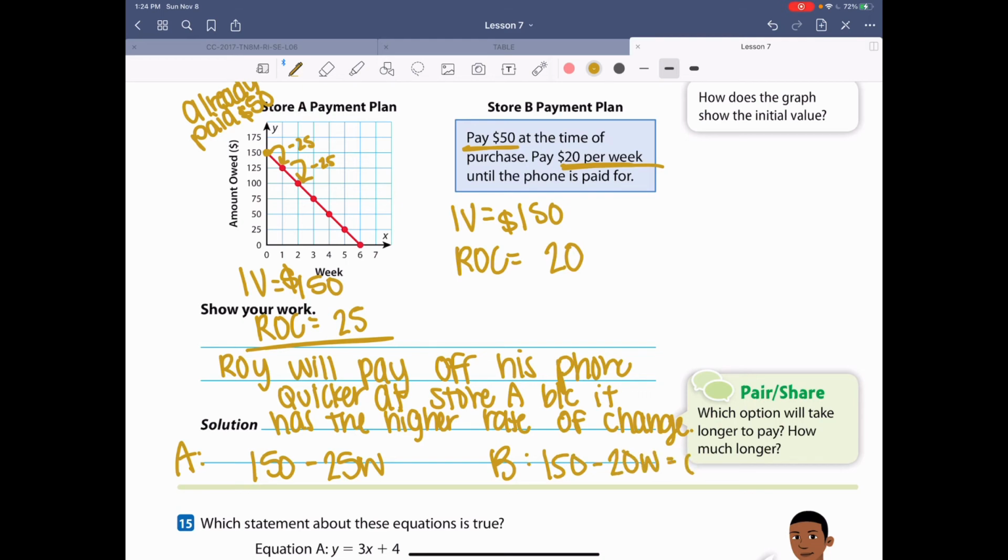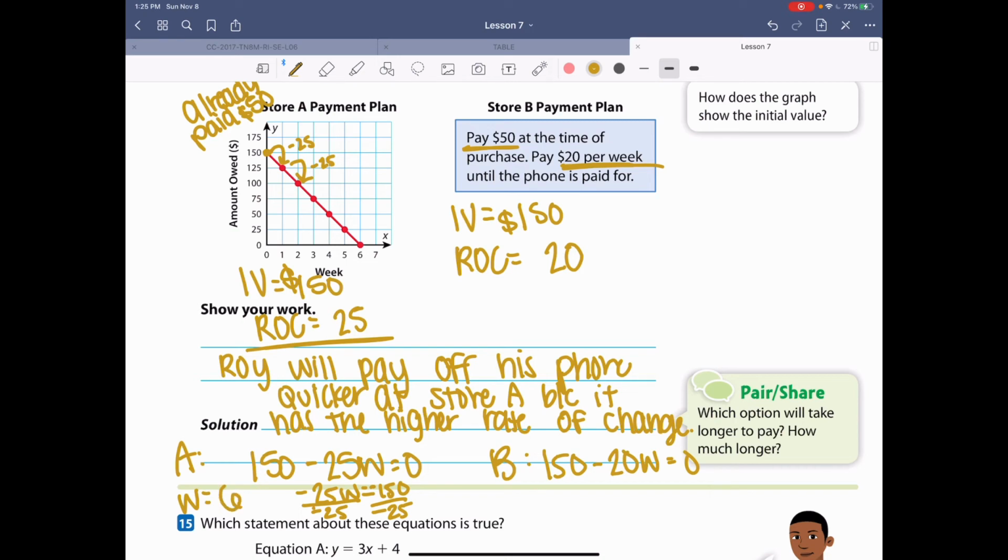And we just need to see, well, when is it going to be that he doesn't owe them anything? So then we'll just solve for W in both situations. So we'll have negative 25W equals negative 150. We'll divide both sides by negative 25. And we'll find that it'll take him 6 weeks at store A.